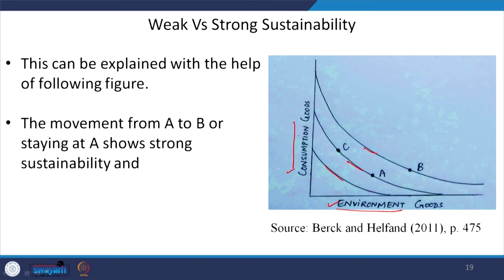So, suppose a person is placed here at point A. That means the person prefers this amount of environmental goods and this amount of marketable goods, right. And any 2 points on the same indifference curve give the same level of satisfaction.